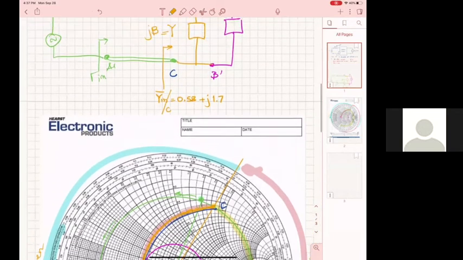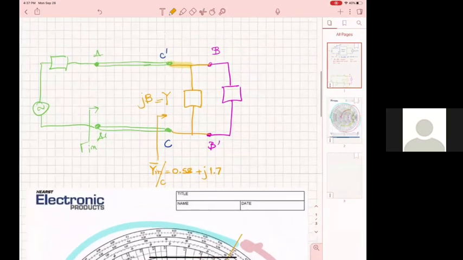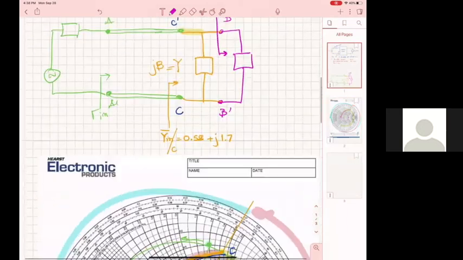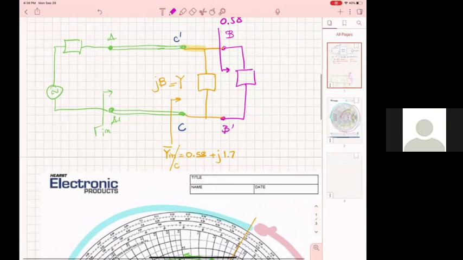Now, to go to point B, I need to see only a 0.58, all right? That's my point B. Since I'm looking towards the load, my Y input normalized at C is Y plus YL.